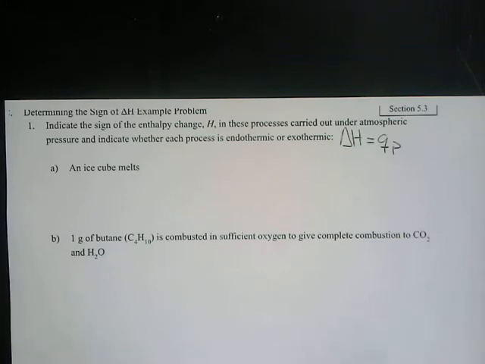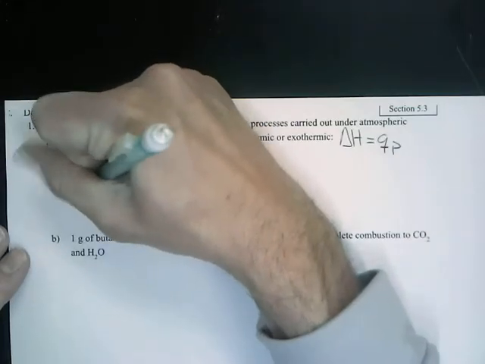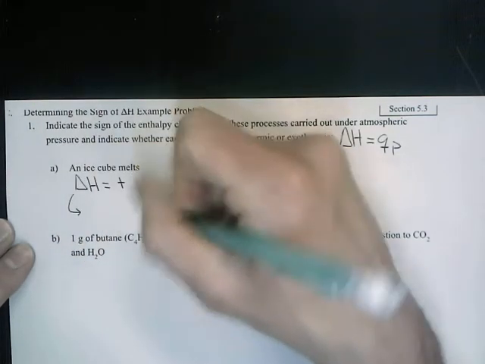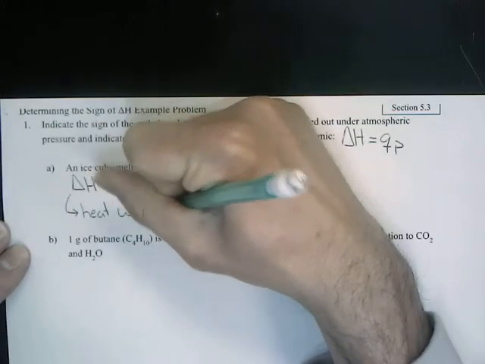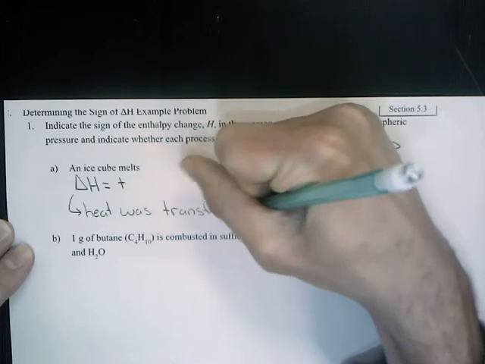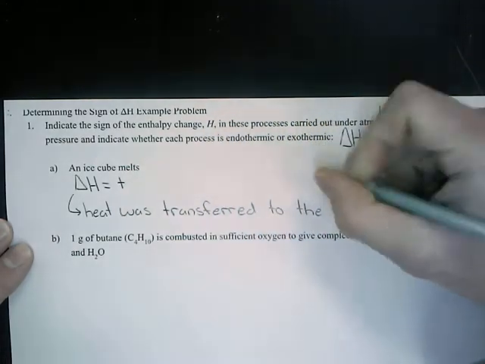So in ice cube melting, again, an ice cube melting is going from a solid to a liquid state. It is getting hotter. And because it's getting hotter, that means our delta H is positive, okay? And again, if we want an explanation of this, heat was transferred to the ice cube, which is our system in this case.